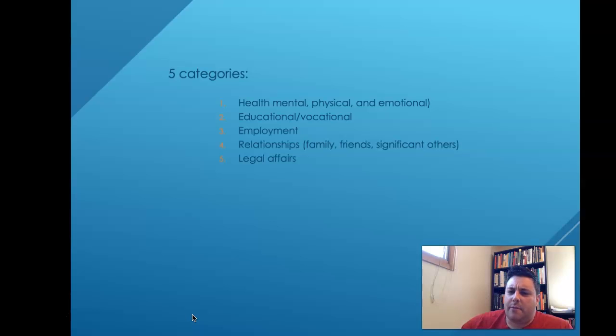For example, if you were working with someone who's being released from prison, that would fit into the legal category of interventions. Similarly, if you were working with someone to obtain a disability benefit, that probably would fall into the legal category as well.